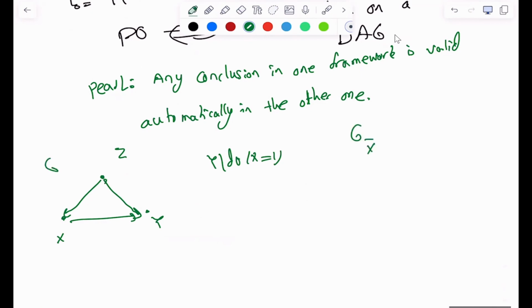We talked about all this in my three-part video on do calculus, DAG, and the backdoor and front-door criteria. Please go ahead and watch them. It's nothing but removing the edges that go into the variable X. Z, X, Y, right? So this is exactly equivalent to the potential outcome if the treatment is set to 1.